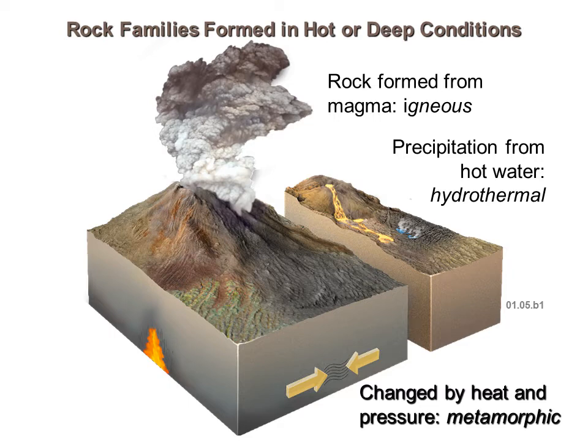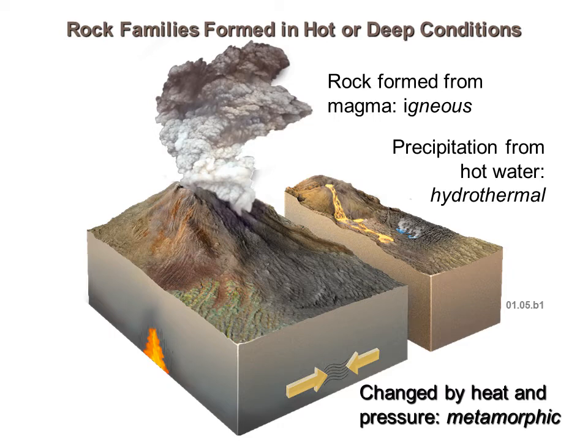They never melt into magma, because once they're magma, they're an igneous rock. They're no longer metamorphic. So it's just enough heat to alter them, to change them, but not enough to melt them. So metamorphic is changed by heat and pressure.